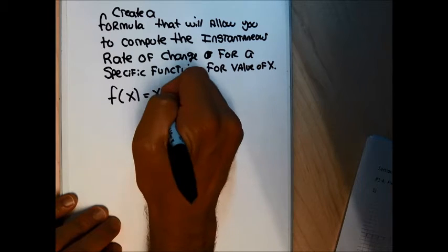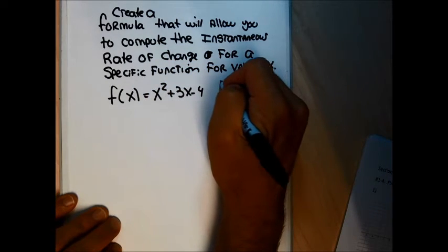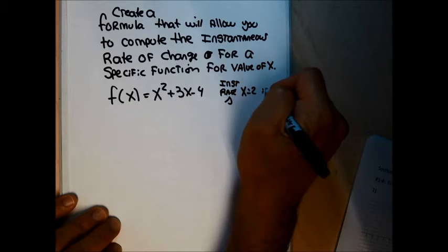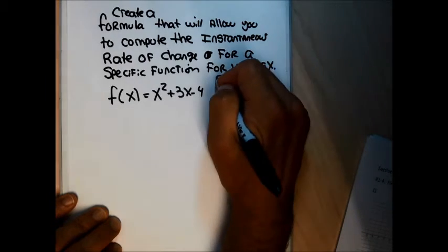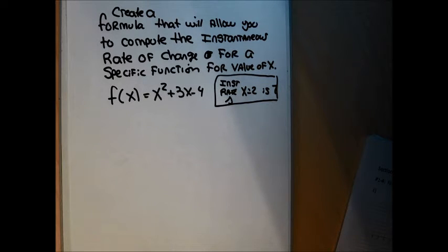So we have this function, and I found out that the instantaneous rate of change at x equals 2 is 7. What I'm going to do is create a formula that I could just plug 2 in for x to get that value of 7 out. And the formula that allows you to compute an instantaneous rate of change for any value of x, that's called a derivative.